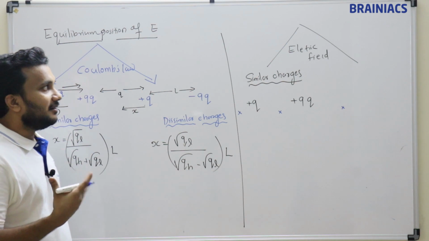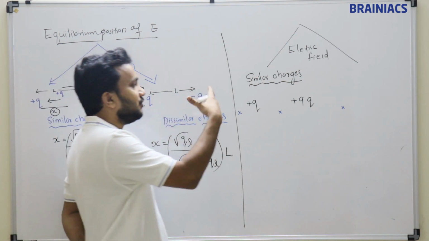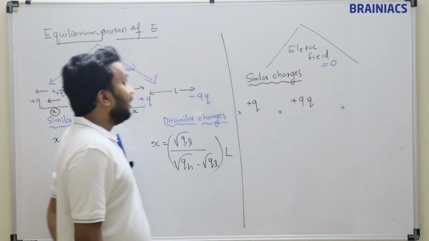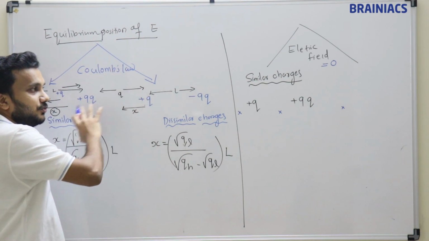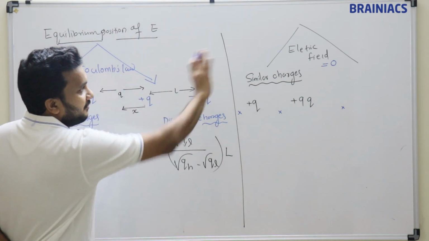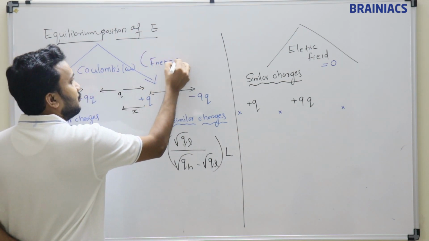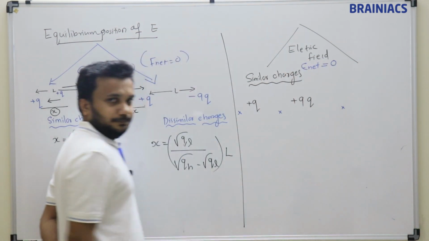When the total electric field comes to an equilibrium position, electric field will be equal to 0. Equilibrium position of Coulomb's law means total force will be equal to 0. Here electric field will be equal to 0. Here F net will be equal to 0. Here I can say E net will be equal to 0.